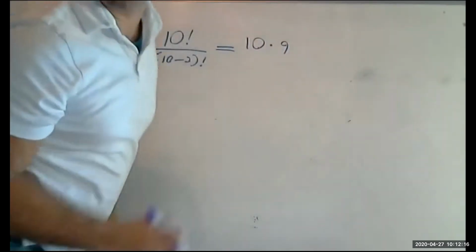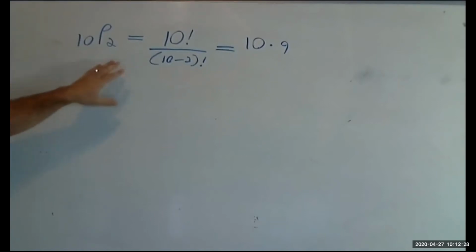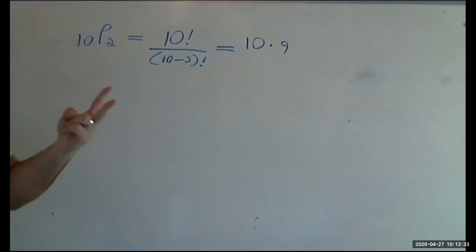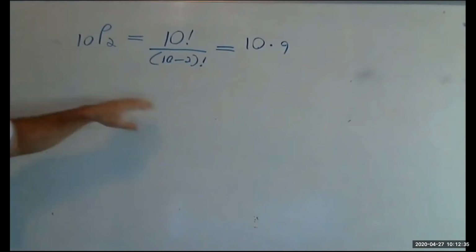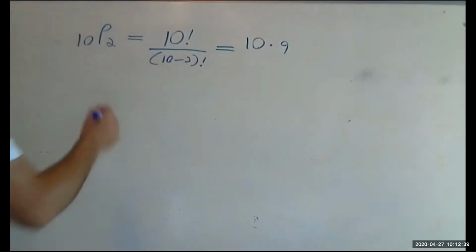So this is what I was talking about: you start with this number, and then you multiply by 1 minus that number, but you do that this many times. So there's only 2 of them. You start with this one, and then you start with the one below it.